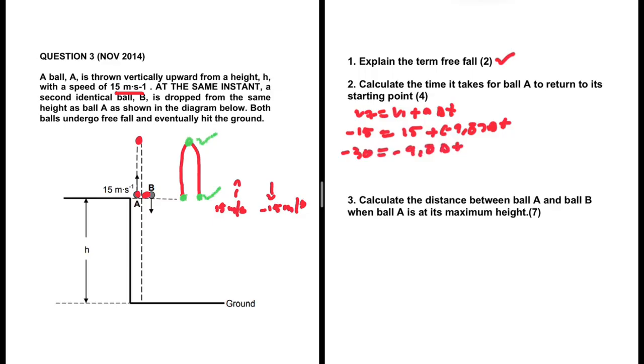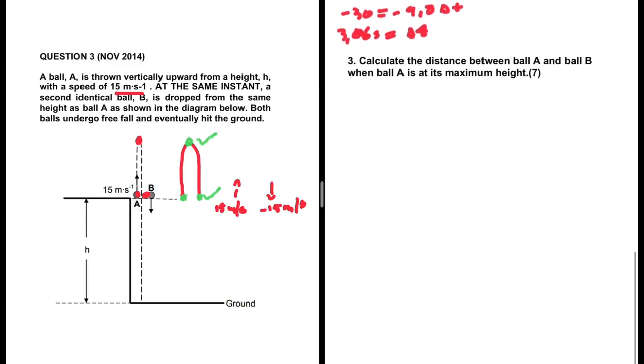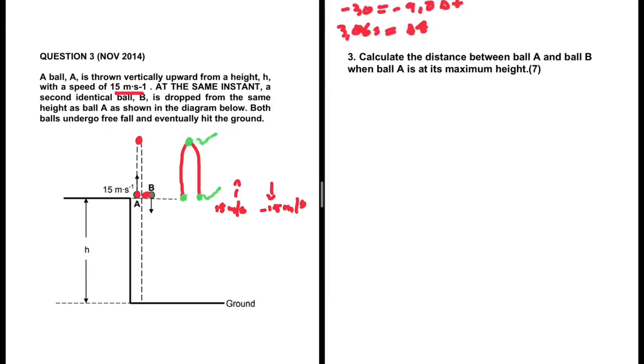If we divide both sides by minus 9.8, we're going to get 3.06 seconds being equal to the change in time. So that is another way you can use to answer the second question. The third question, calculate the distance between ball A and ball B when ball A is at its maximum height.